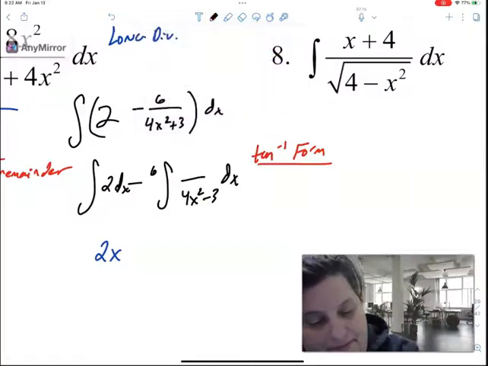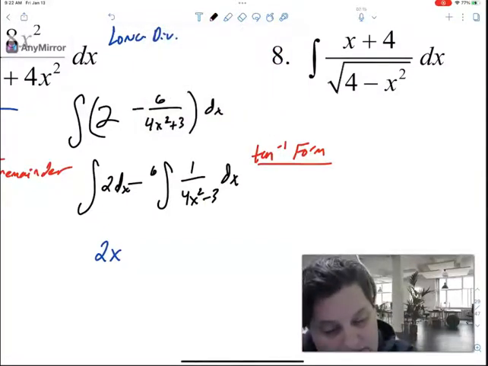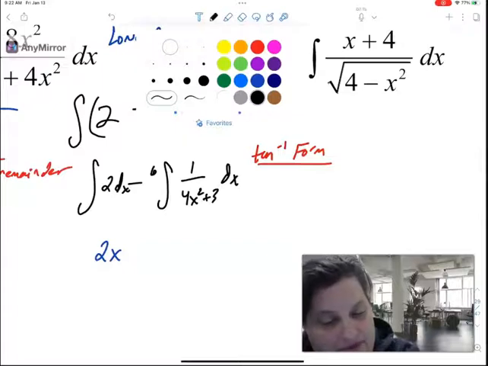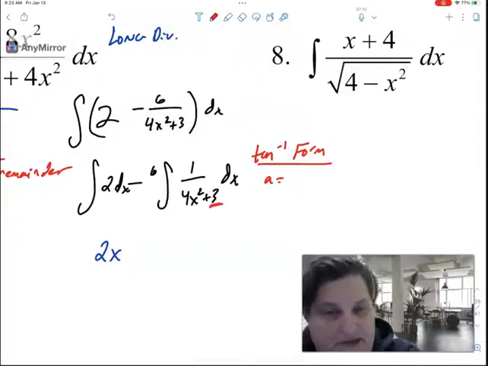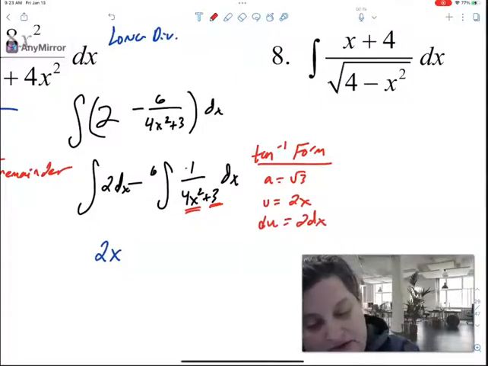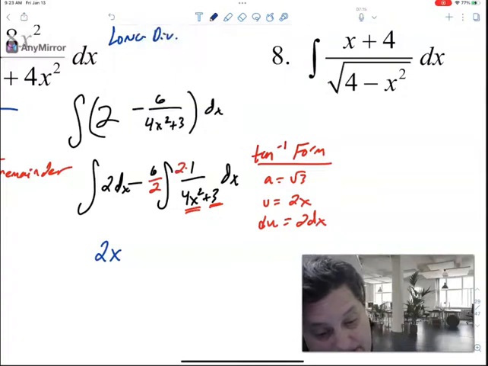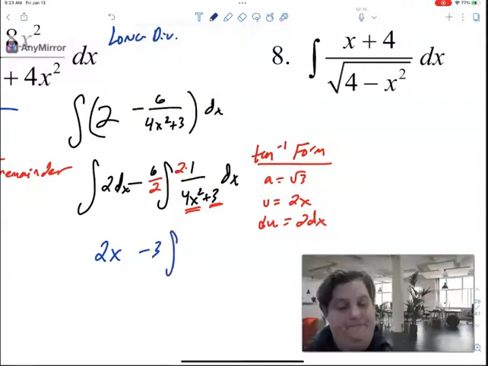Okay. Oh wait, that was a plus. Okay, it has to be a plus to be inverse tan form. Okay. A is going to be this, but since it's just a regular 3, it's going to be root 3. U is going to be that, which is 2x squared. Du is 2dx. My goodness. Okay?